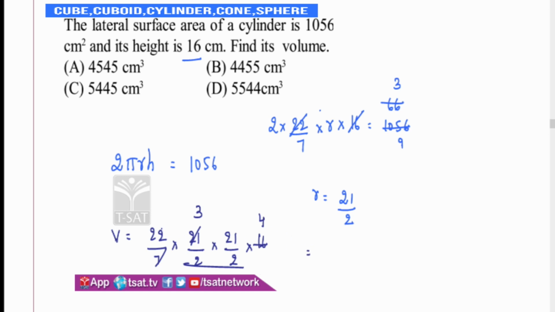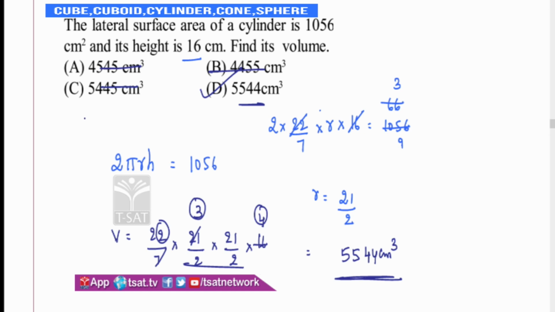So see here, 2 3 6, 6 into 4 is 24. So definitely it will not end with 5. So it ends with 4. And we know it is also divisible by 11. 5544 is also divisible by 11. So 5544. Even if you multiply, you are going to get 5544 centimeter cube.